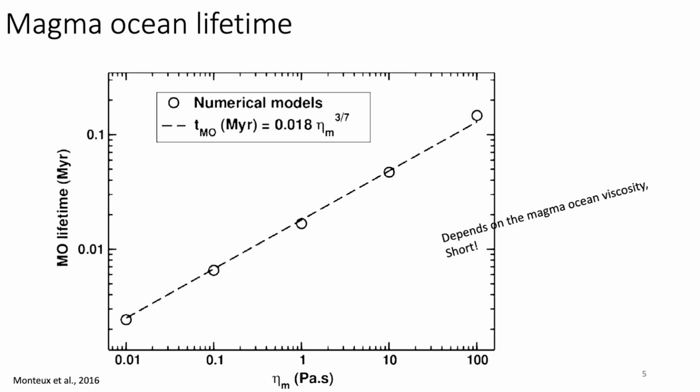I think that the common understanding is that the magma ocean cooled quickly, and I use this to illustrate that. I use this modeling by Julien Monteux and collaborators, showing the lifetime of the magma ocean, in million years, as a function of the viscosity of the magma ocean, which has some uncertainty, and its viscosity depends on the exact composition of the magma ocean, on what we know about the evolution of the viscosity of magmas as a function of pressure and not depth.